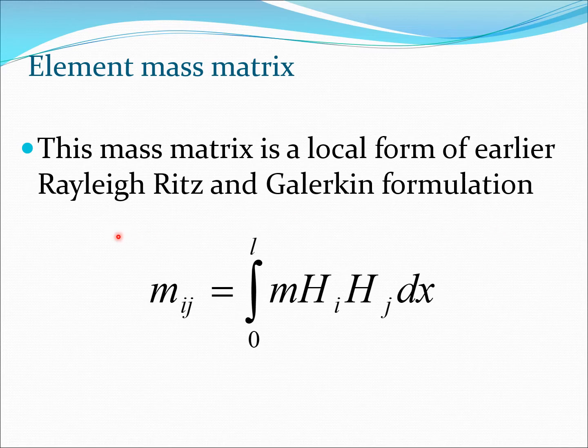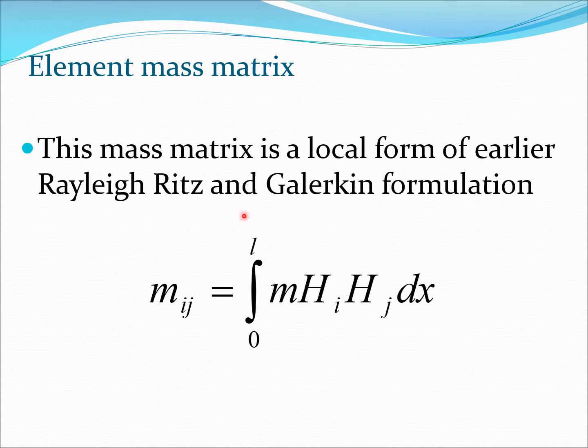So it's important to take a look at this mass matrix carefully. Now if you recall the derivation from the Rayleigh-Ritz and Galerkin methods, there we had basis functions and these basis functions were global, so we represented them by y. And in Galerkin method, these satisfied all the boundary conditions. In Rayleigh-Ritz, they satisfied the geometric boundary conditions. But here, this is a local mass matrix.